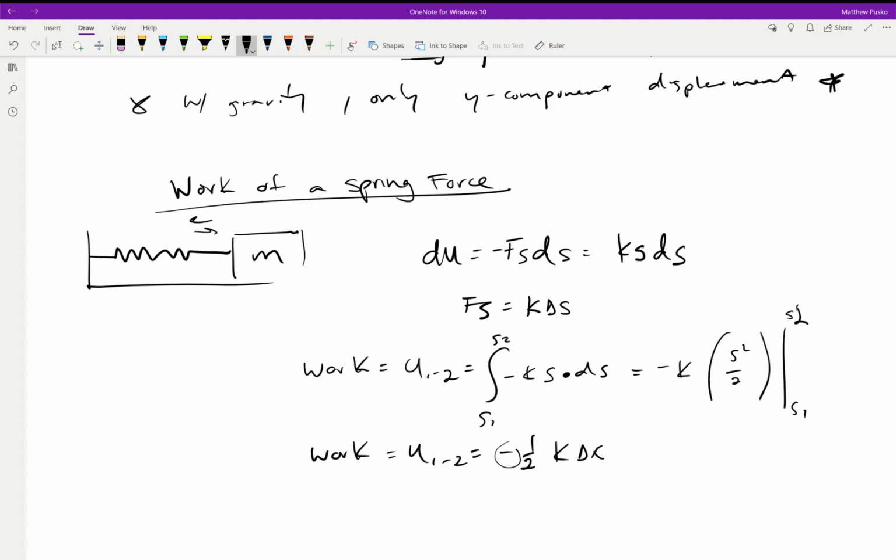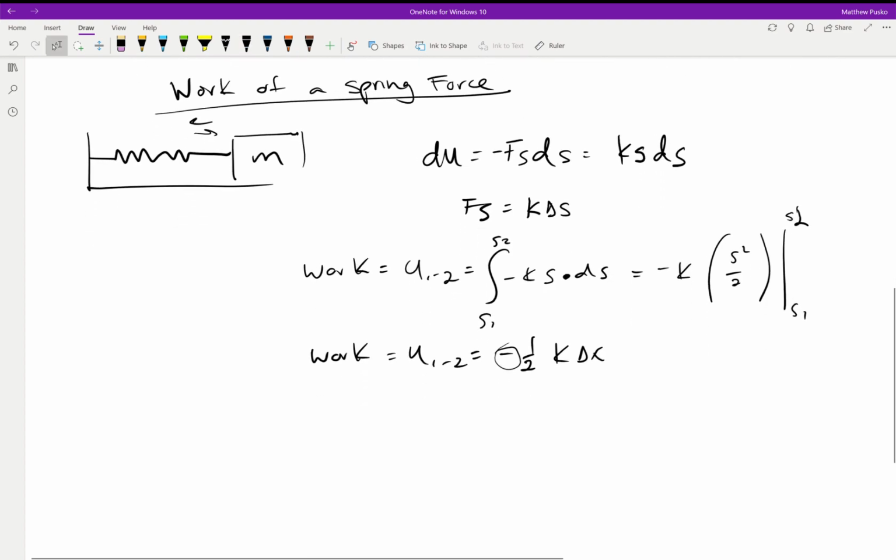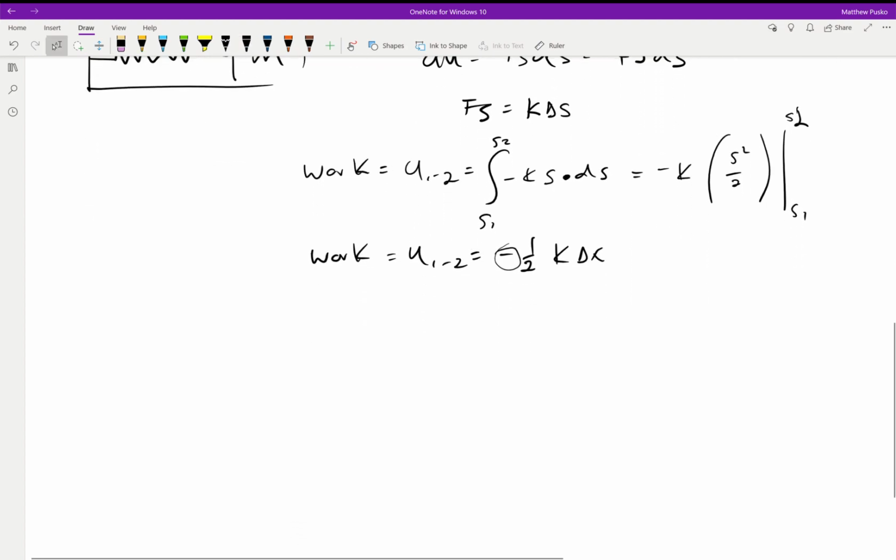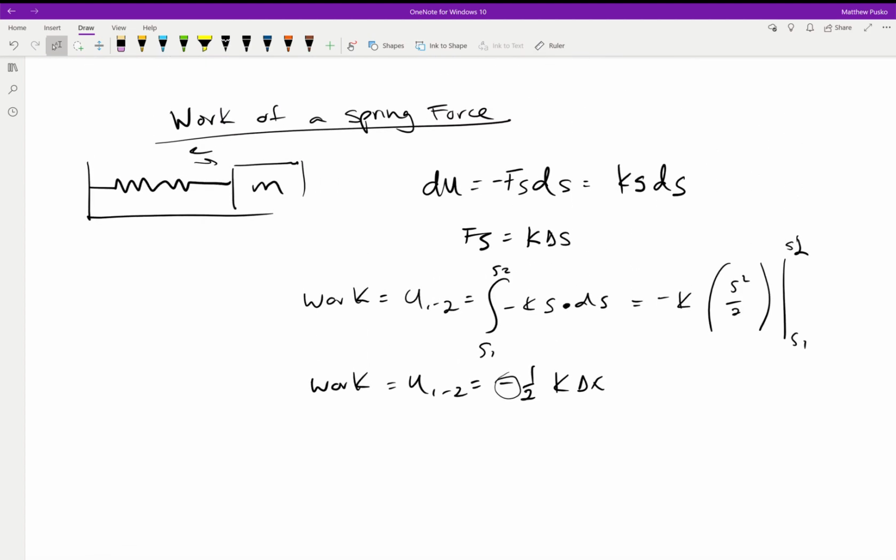I'll talk a little bit about the sign as we do some examples. It'll make more sense, but I'll make a table for you right now. Honestly, if we have a spring problem, unless it specifically asks for the work, I wouldn't probably use the work energy method. I would probably use the conservation of energy, which is my favorite of all, and it simplifies things down greatly.